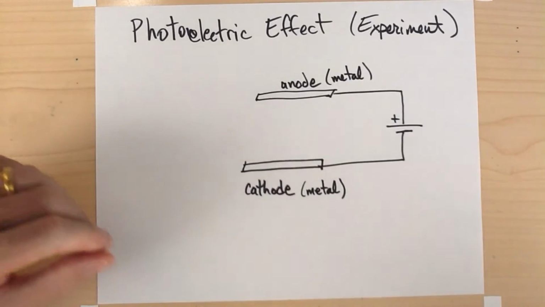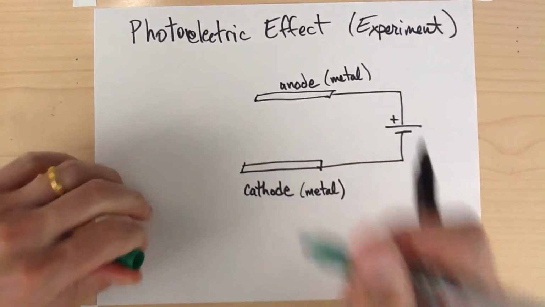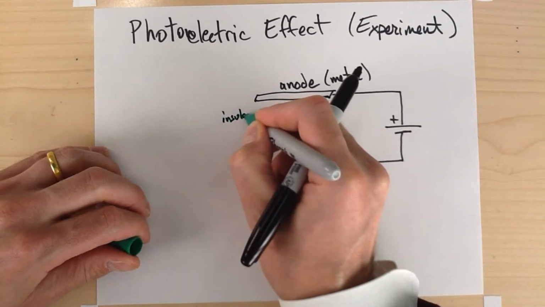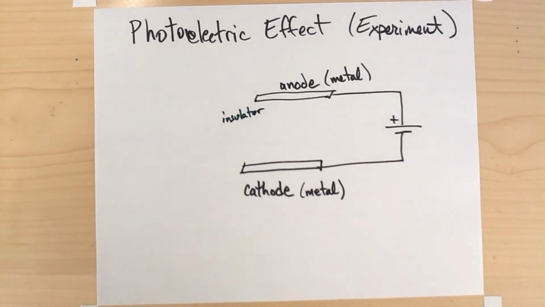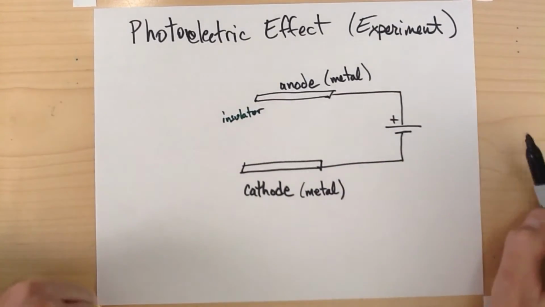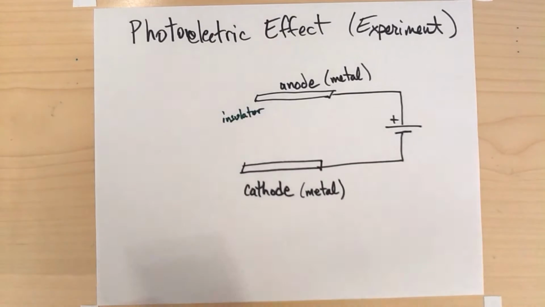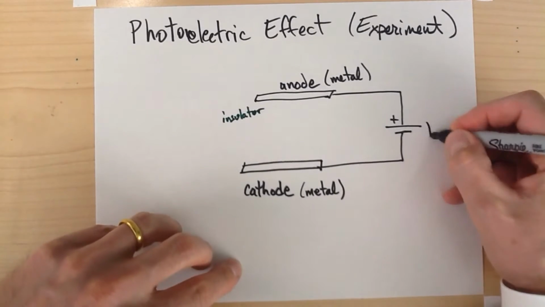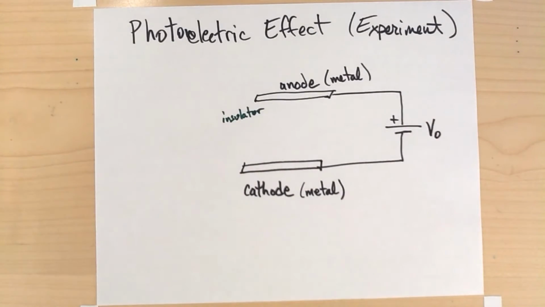All right, and then in between is an insulator. So if this is all we have, then how much current is going to go through here? Well, of course, at least in the ideal case, nothing, right? No matter what the voltage is over here, the flow of electrons or the current itself is going to be 0.